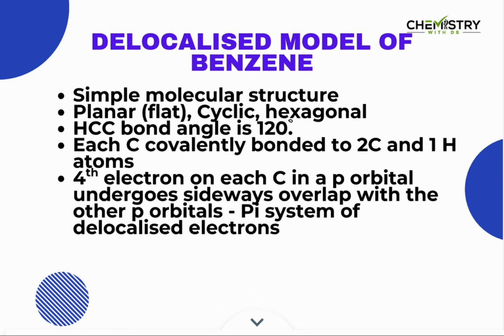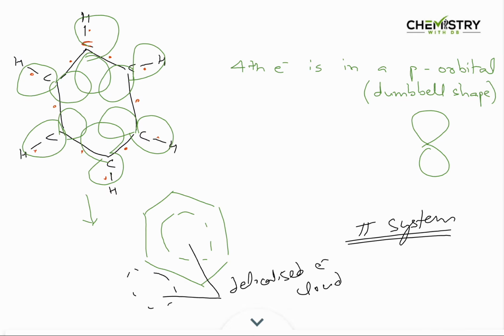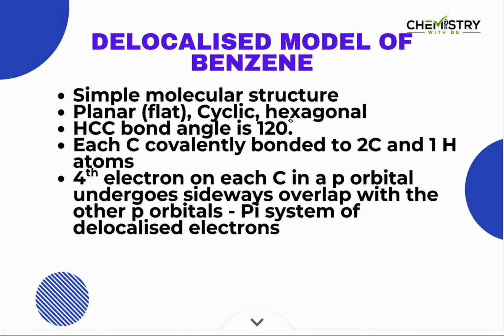In order to give you some notes, I have laid down: it's a simple molecular structure. It's a flat molecule because of the trigonal planar arrangement, cyclic hexagonal. Each HCC bond angle is 120 degrees, like in any other trigonal planar arrangement.